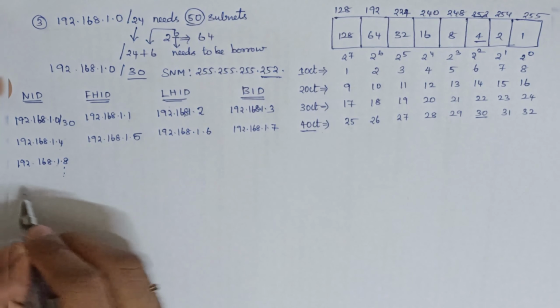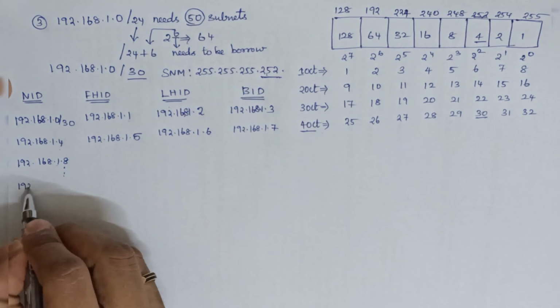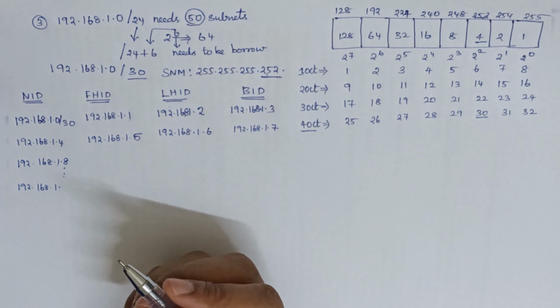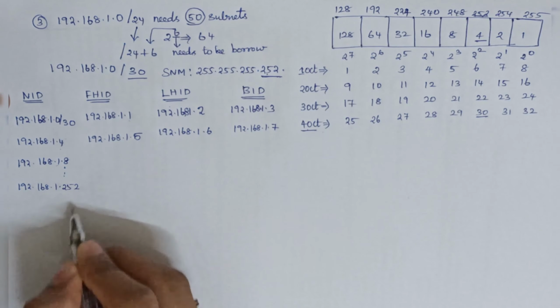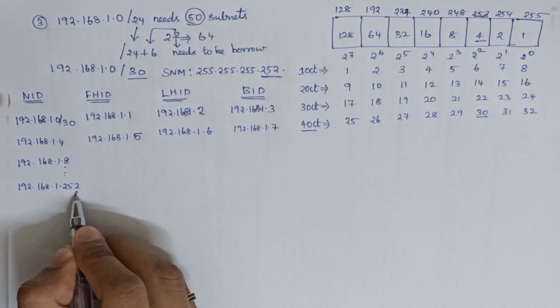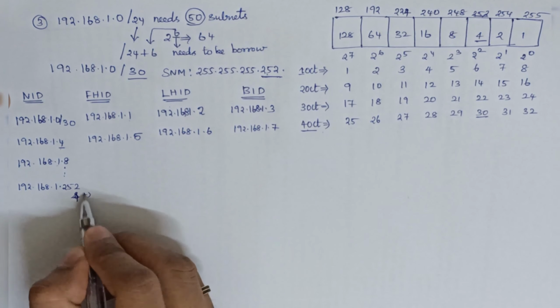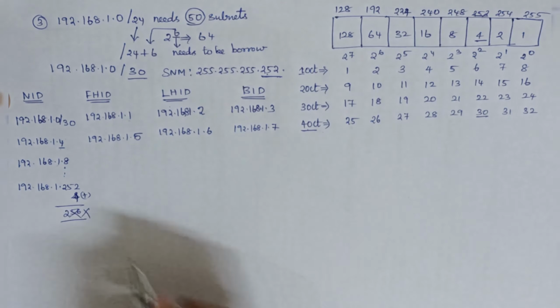Up to what will it go? 252 is the reference here. You can look at the subnet mask. If you want to confirm it, 4 is the change, right? So you add 4 here. If you add 4, 256, which is not possible. So 252 is the final one.